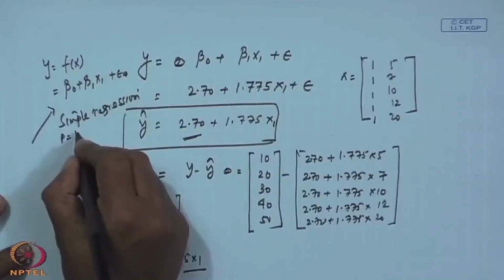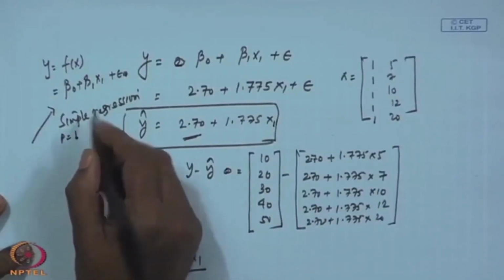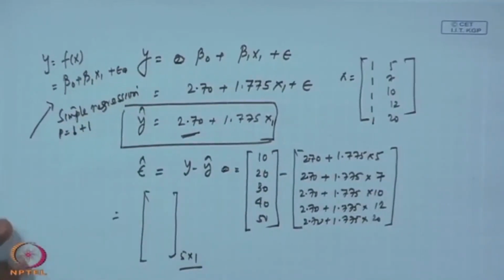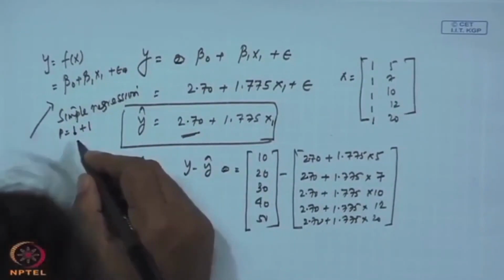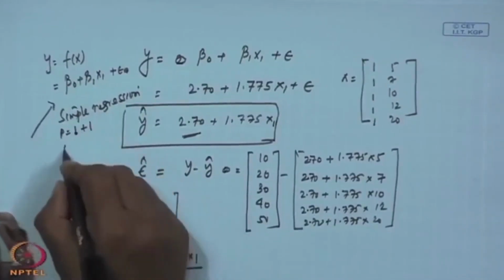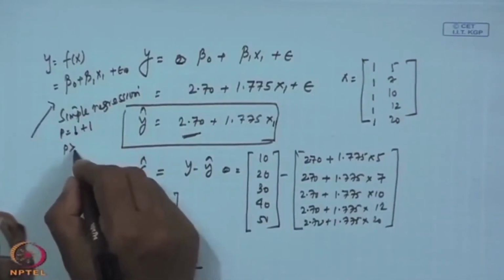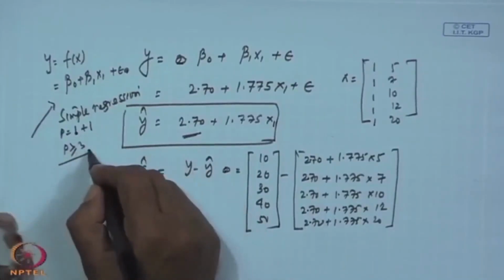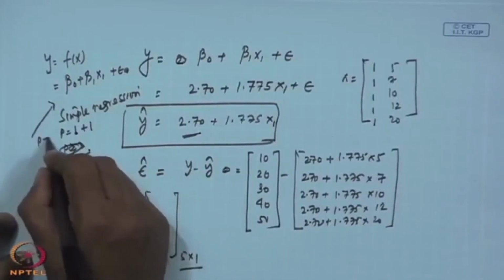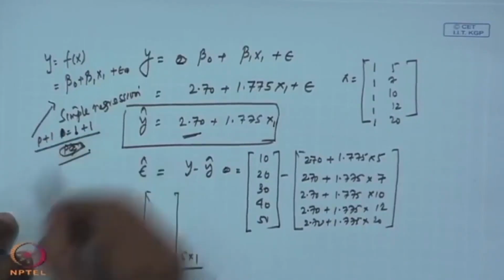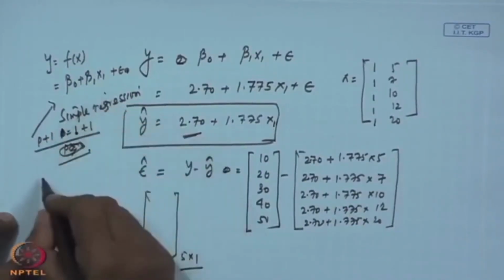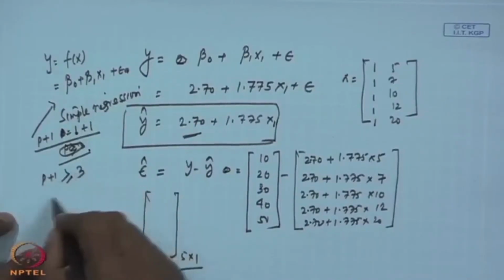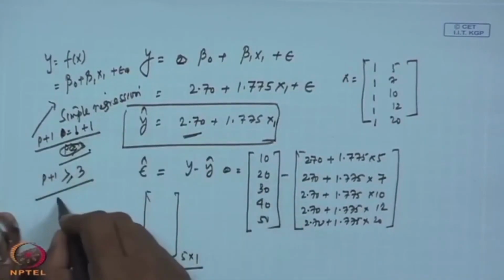If p is the number of parameters to be estimated, then it is 2, intercept plus this. And if I say p is the number of variables, this is only 1. So, when p plus 1 is 2, then it is simple regression. When p plus 1 is greater than or equal to 3, that will be multiple regression.